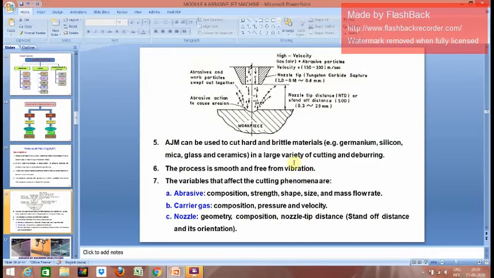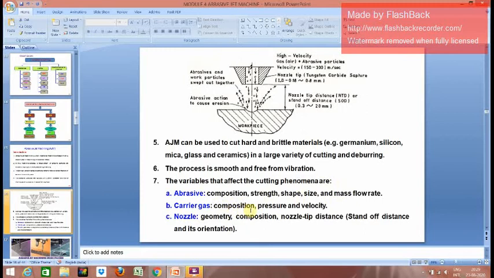Next, AJM can be used to cut hard and brittle materials like germanium, silicon, mica, glass and ceramics, particularly brittle materials. The process is very smooth and free from vibrations. The variables that affect the cutting phenomena, which are the guiding parameters, are the abrasive, which has composition, strength, shape, size and mass flow rate.